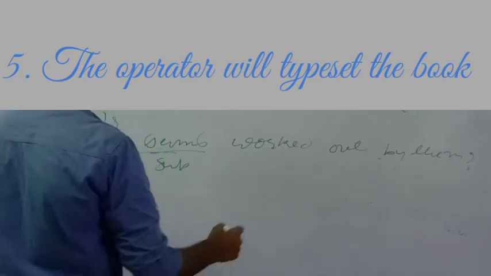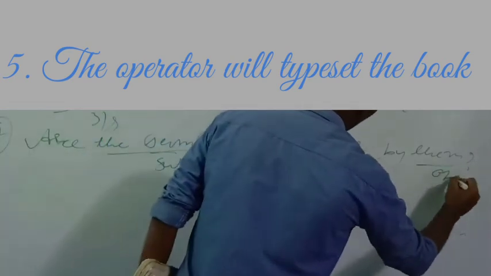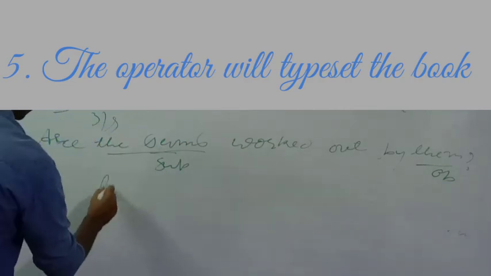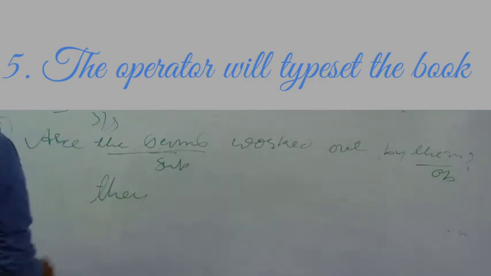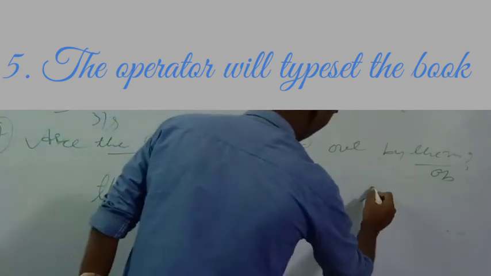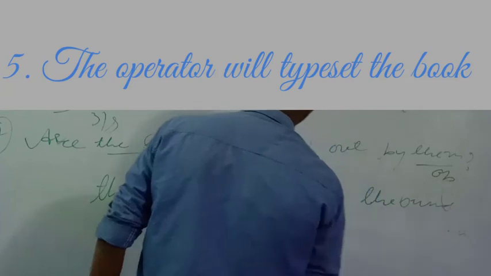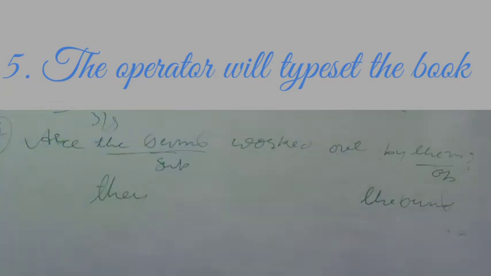Subject, them object will come in the subject place, so they. Okay, the sums. Now, are the sums, so it's present form of be verb.